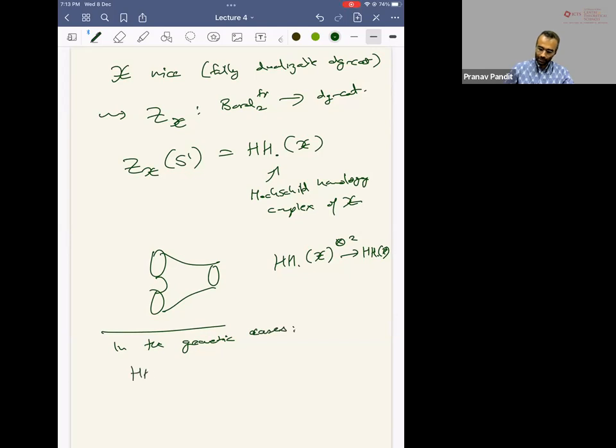And in the geometric cases, if you look at HH of D^b coh of X, for X a smooth projective complex manifold, this is the direct sum of H^{p,q}.